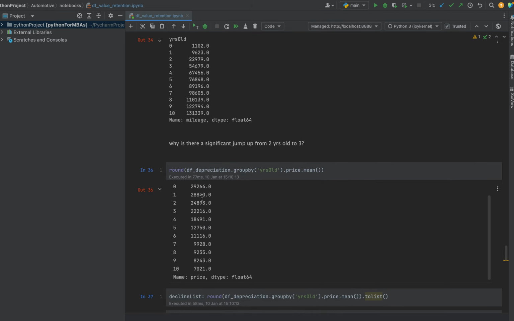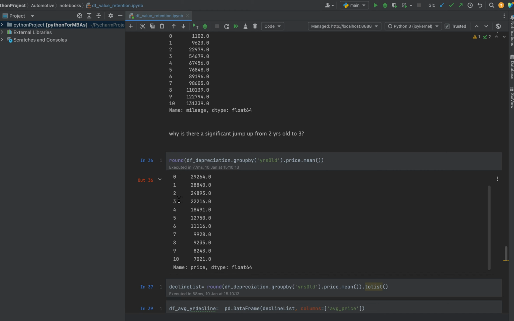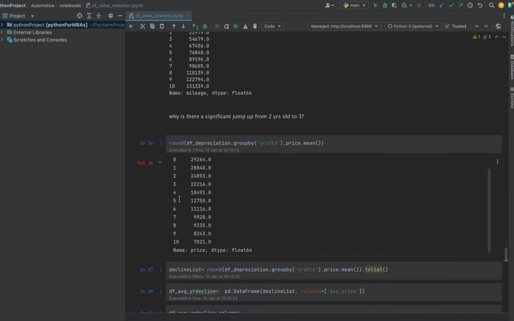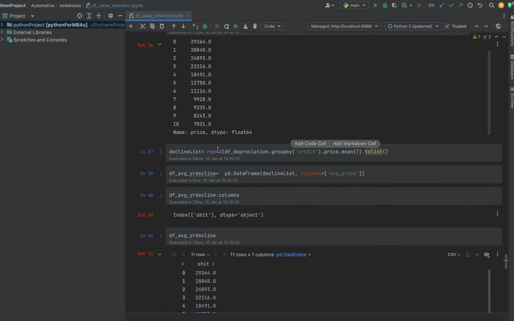Also here's another good one. This is price. Maybe you can see how much the price changes over years. So what I did was I took this and made another data frame out of this.